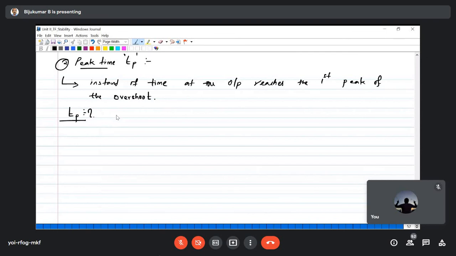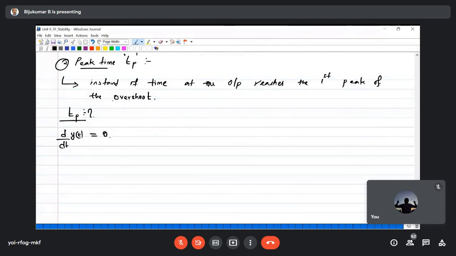So how will you find the maximum value from the first derivative? First take the first derivative of the system with respect to t, and equate to 0. You also do it and find the first derivative.